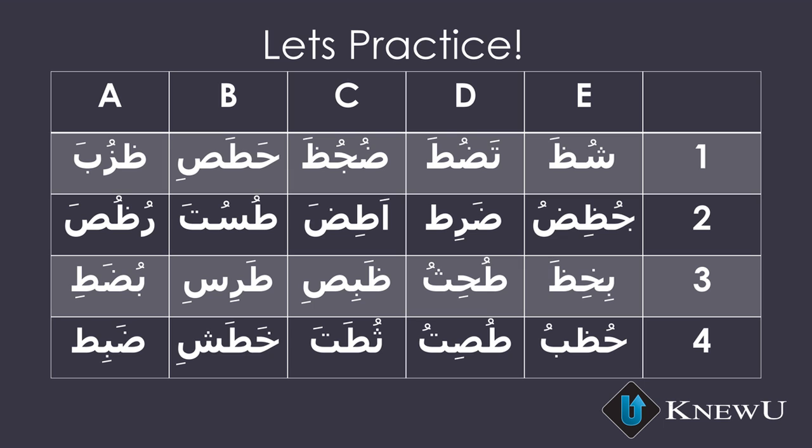Taduta, taduta, dujuva, hatasi. Let's say that there's a fatha on the va on A1. Vazuba, vazuba. Now at E2.